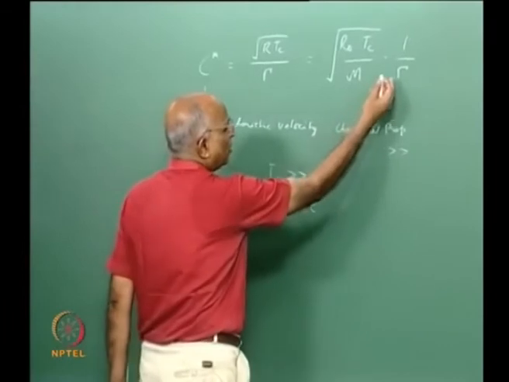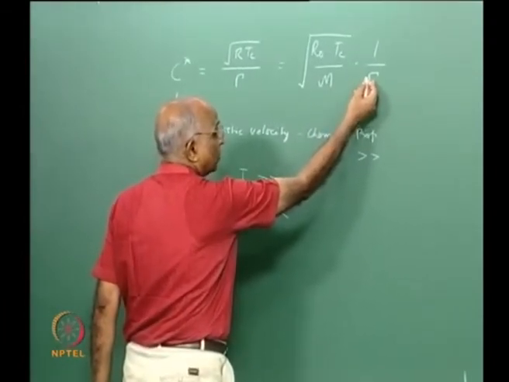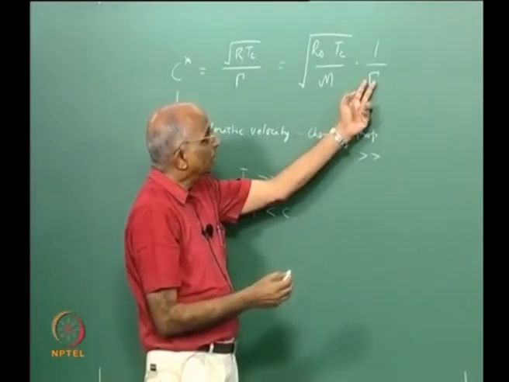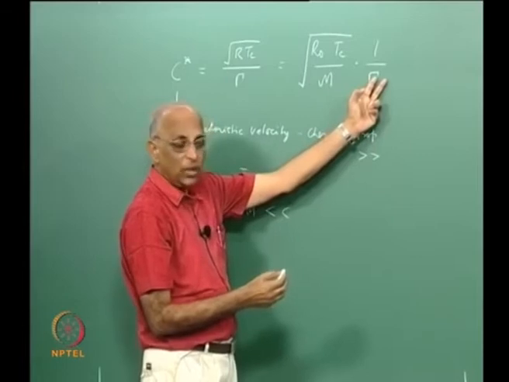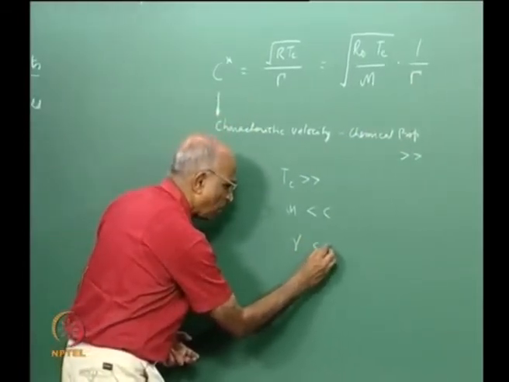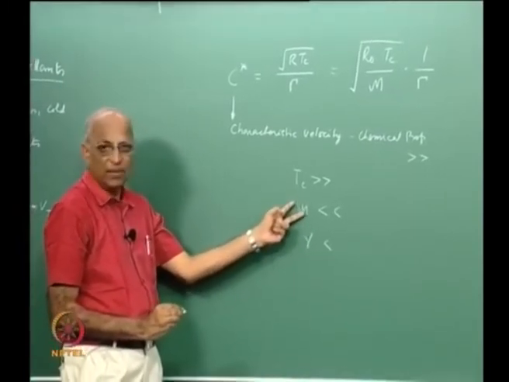See, we have the combination of gamma, we told gamma must be small because capital gamma was equal to under root gamma, 2 over gamma plus 1 to the power gamma plus 1 divided by 2 gamma minus 1. The requirement was also that gamma should be small, it is not as sensitive as Tc and m were.